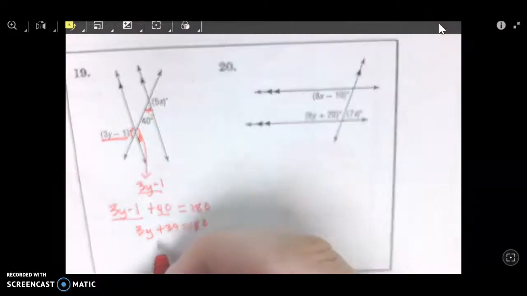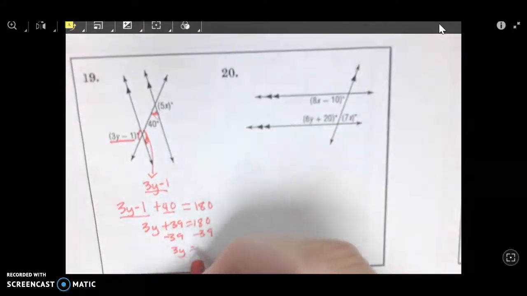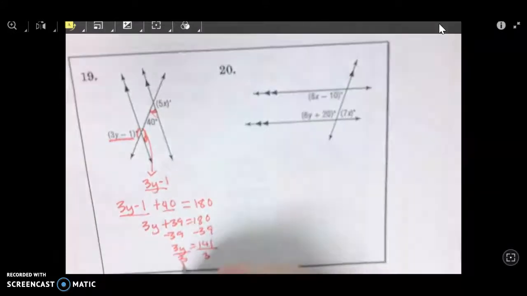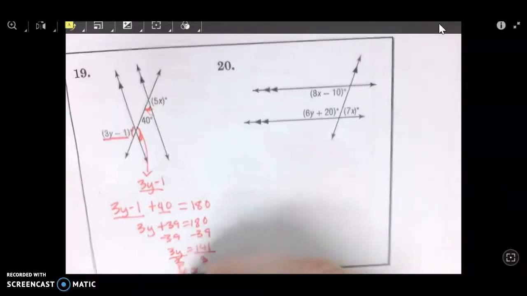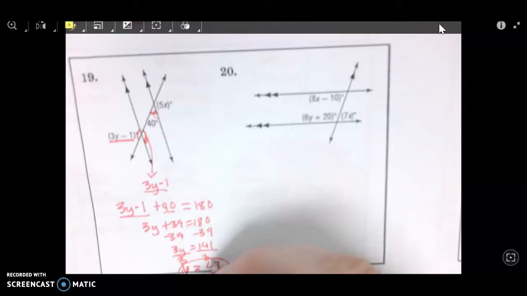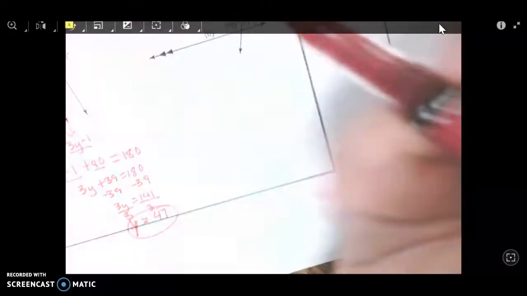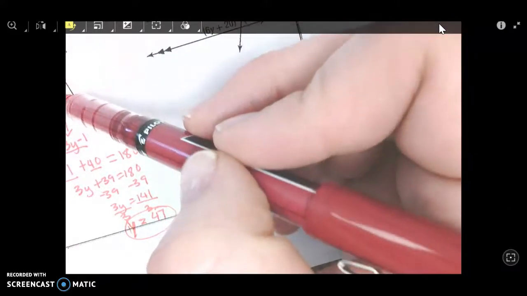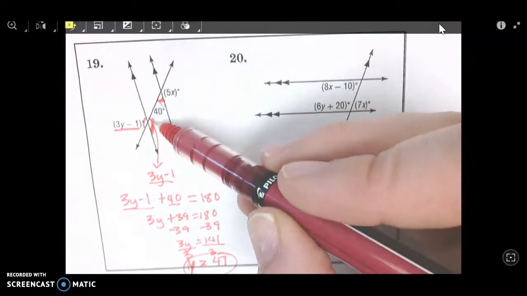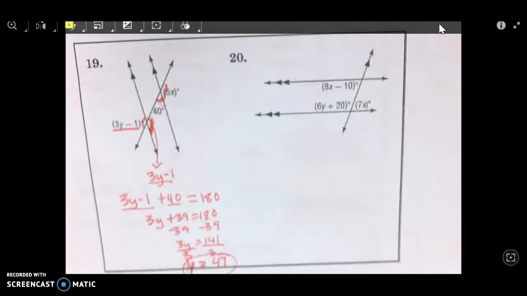And then subtract 39. 3y equals 141. Divide by 3, divide by 3. y equals 47. Okay, now that you know y is 47, this angle, sorry, you can't see. This angle, the 3y minus 1 and the 5x, are corresponding.